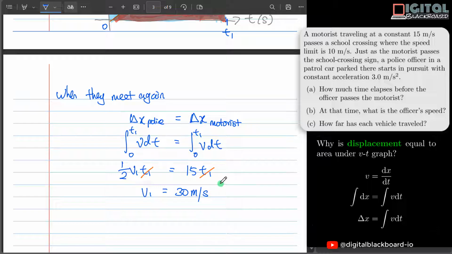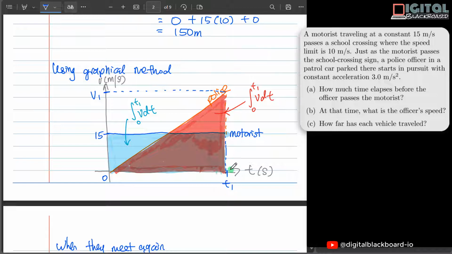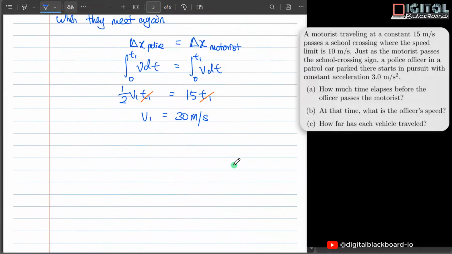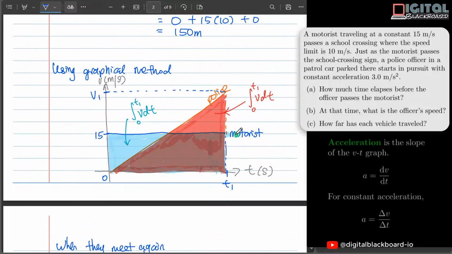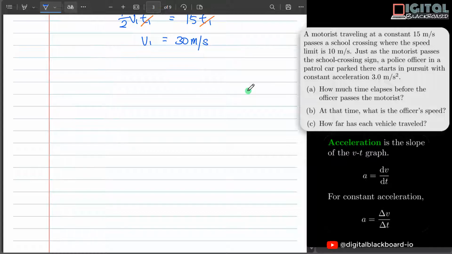Now remember that our objective is to find out what is t1, the elapsed time. To solve for t1, we need another piece of information, and that comes from the slope of the VT graph for the police officer. The slope here is actually the acceleration of the police officer, and we are going to make use of this to find t1.